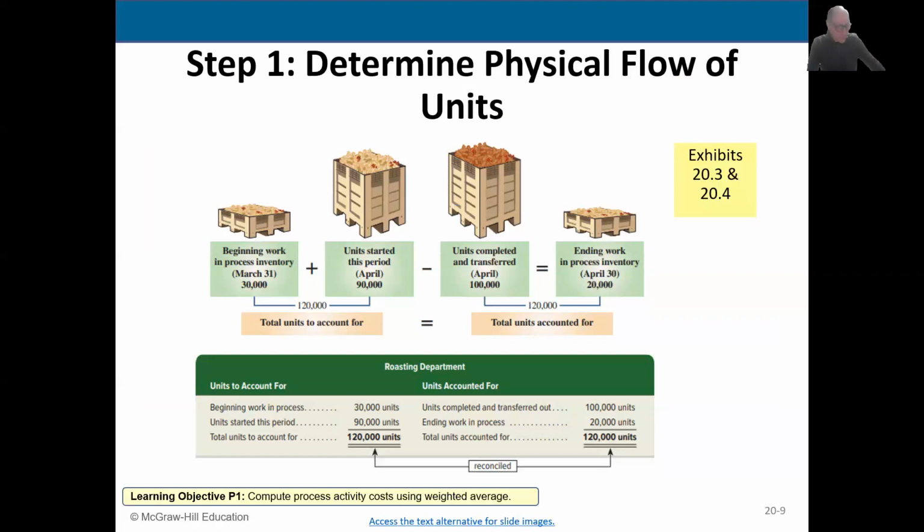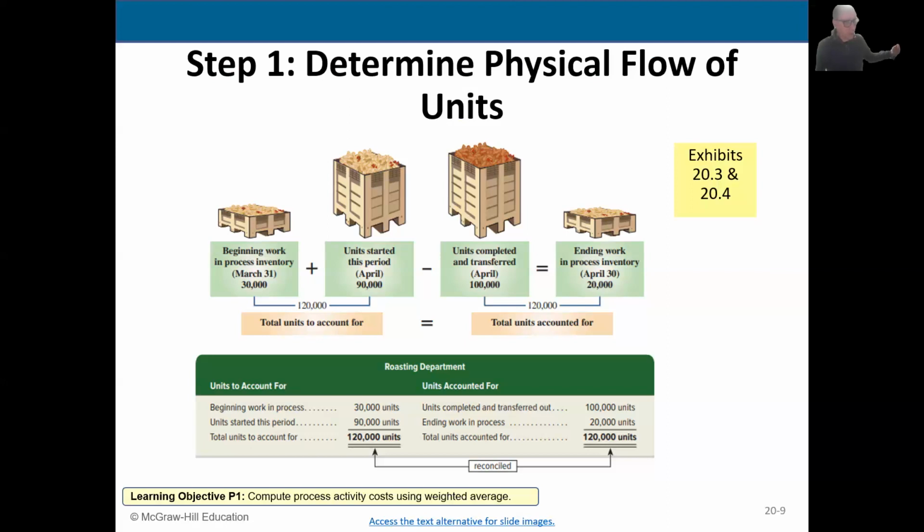So the first step, determine the physical flow of units. Let's stick with our making chocolate example, and again, think about how the process works. The cocoa bean is actually not a bean at all. It actually starts as a fruit.